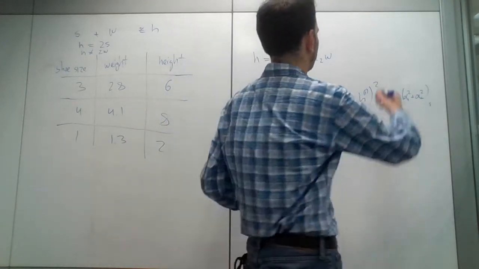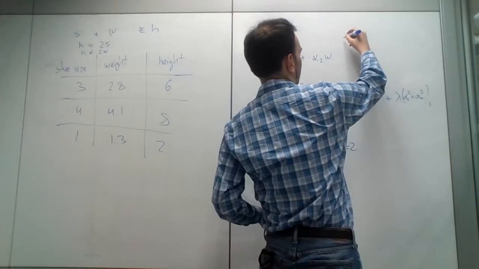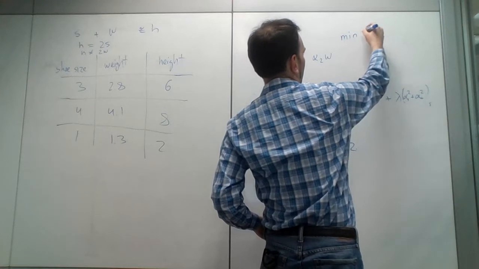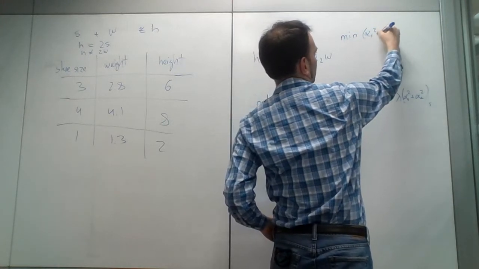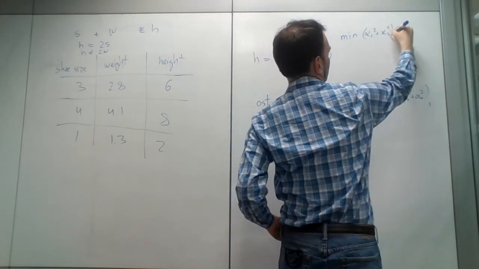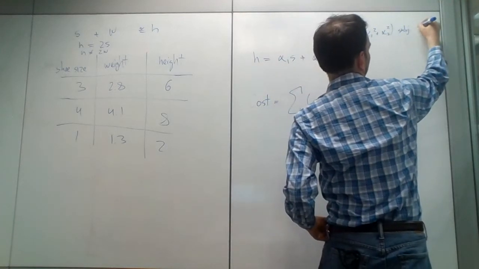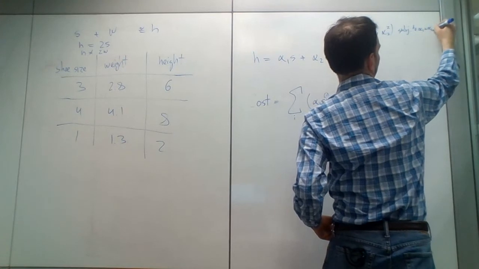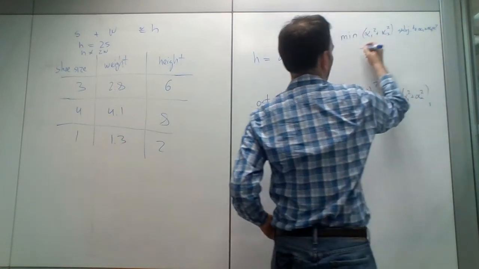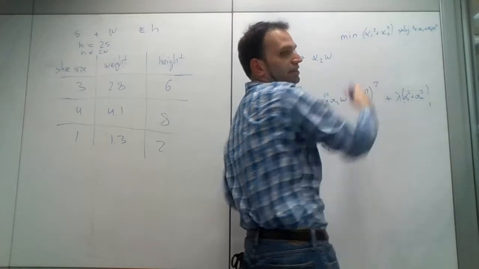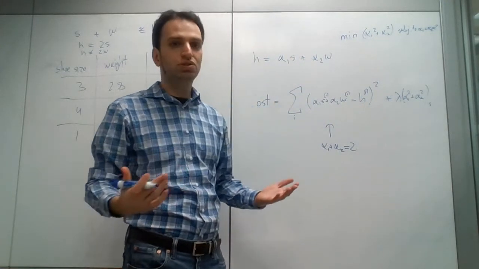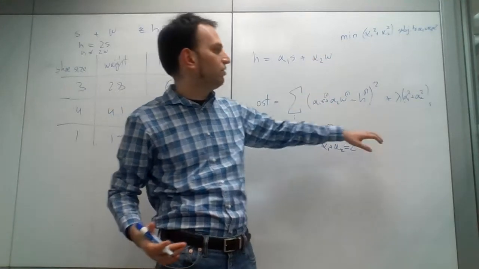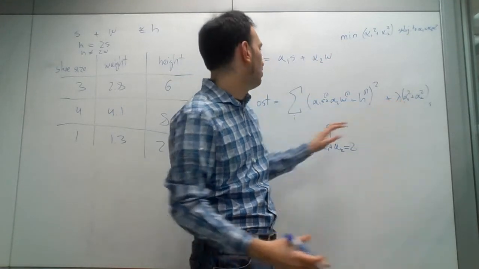Because essentially what we're saying is that the minimum of alpha 1 squared plus alpha 2 squared, subject to alpha 1 plus alpha 2 equal to 2, is going to be minimized at alpha 1 equals alpha 2 equals 1, which is about what you'll get for a reasonable value of lambda when you're trying to minimize this thing.